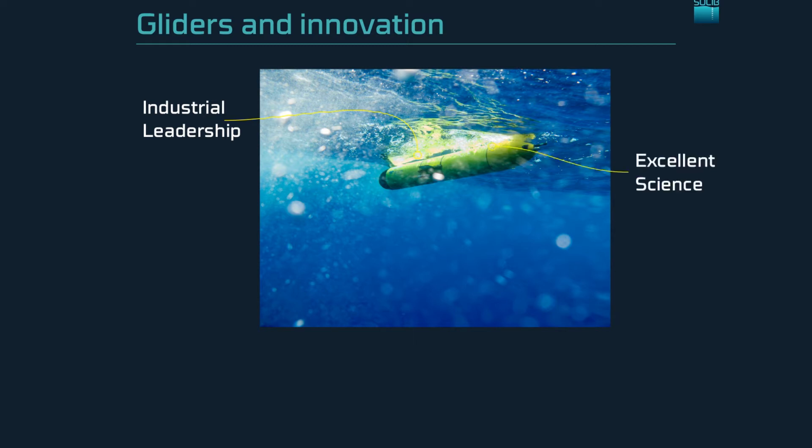The second one is excellence in science, and this is combined with societal challenges. So these three pillars are well applied with the gliders, and it's a reason why in a few years, let's say a little bit more than a decade, the glider has gone from only a paper to a reality. It means every day we have lots of gliders all around the world giving lots of data.